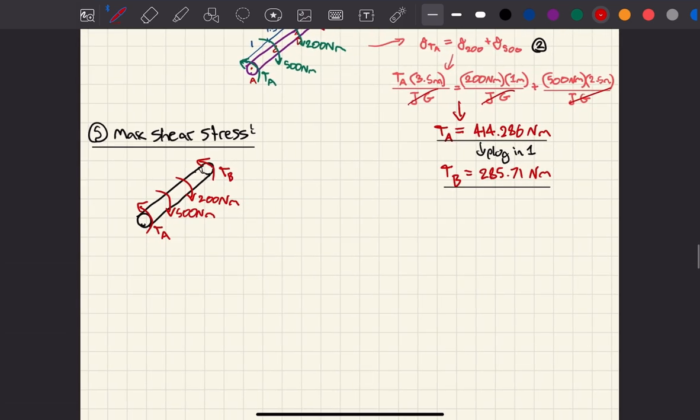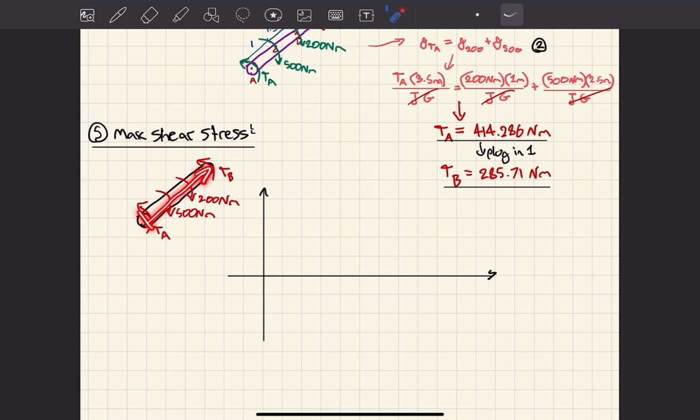What I'm going to do is draw a torque plot. Basically, I'm going to start from here and then move my way through the shaft. So plus X in meters, plus torque in Newton meters. Let's say counterclockwise is positive. I'm going to start at counterclockwise, a value of, what is my TA?